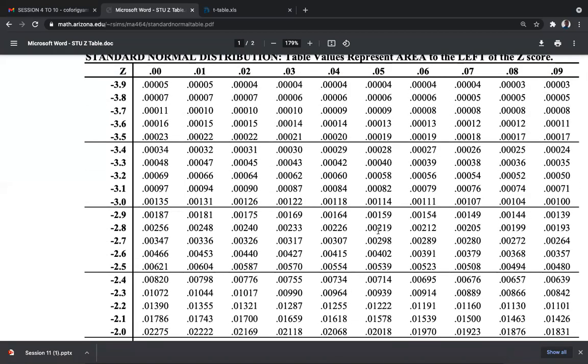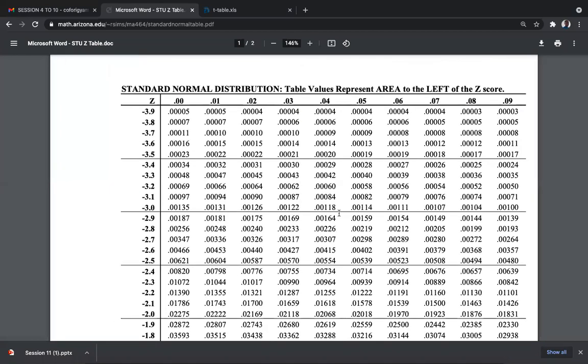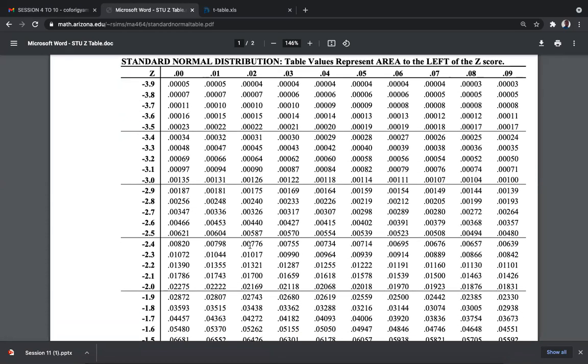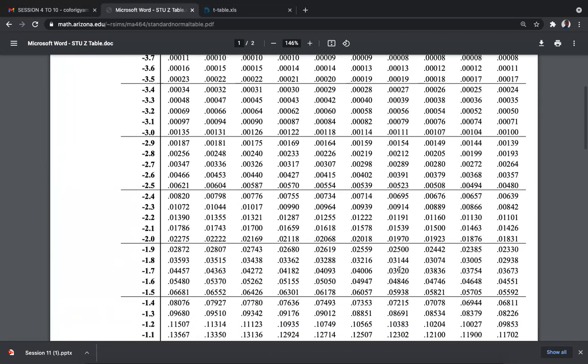So if I come to my normal distribution table here, I don't look at the sides, but I go deep into the pool of numbers to identify which Z value corresponds with a probability or an alpha value of 0.025. So let's see. We have 0.02559, and then we have 0.02500.